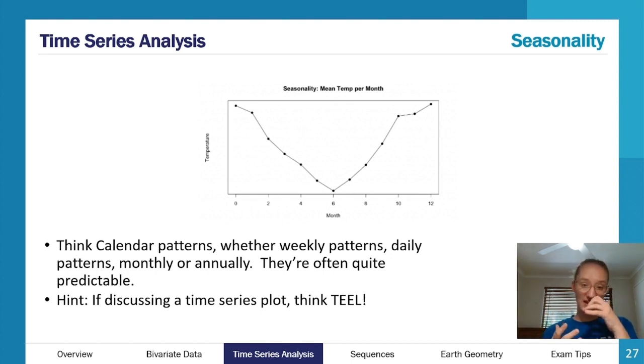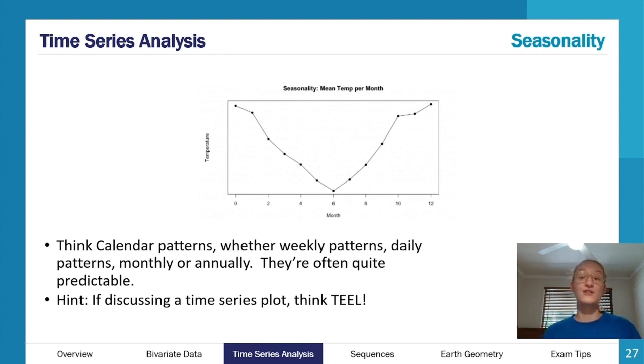And the evidence that you need to give is the numbers and the patterns and the trends that you're seeing in your time series plot or time series graph. For example, I'm seeing that low point around month 6. Those are all the type of things that you're going to be talking about.